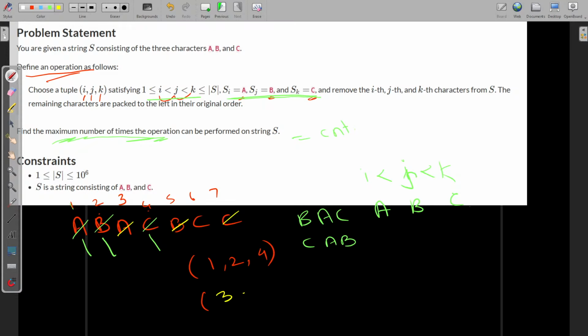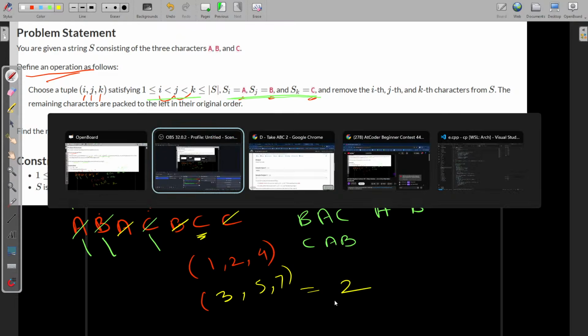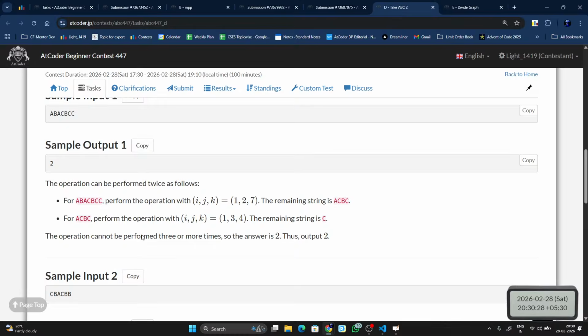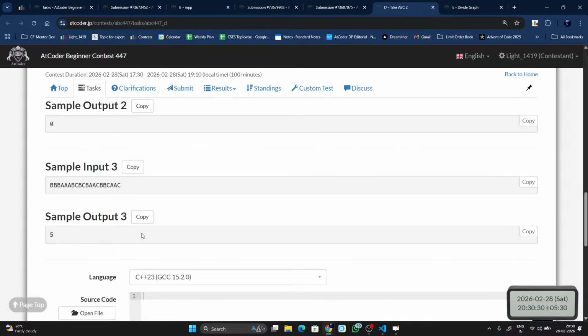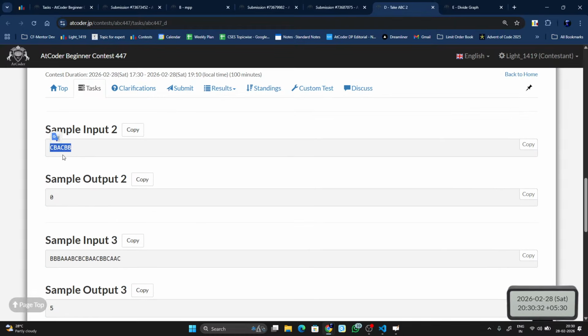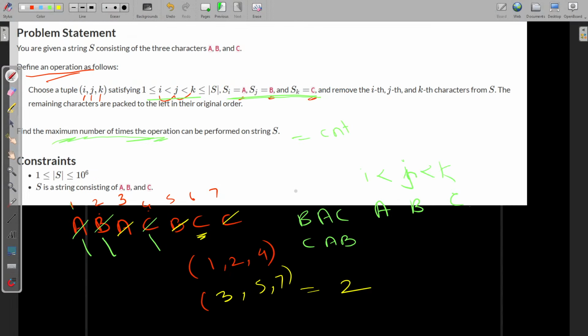So let's write it 3, 5, and 7. Now there is only one character left in the string, which is C, and we cannot do the operation anymore. So our final answer would be 2 for this particular test case. Let's check our answer. Yes, our answer is 2. Let's try to dry run over this test case. I will just erase this.